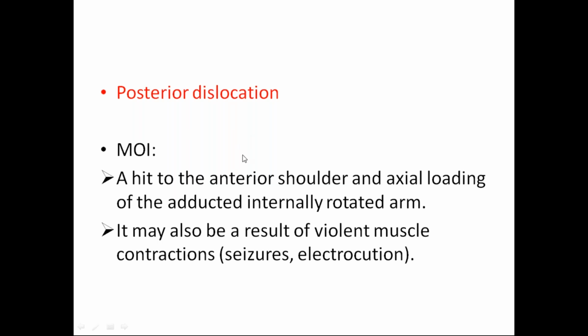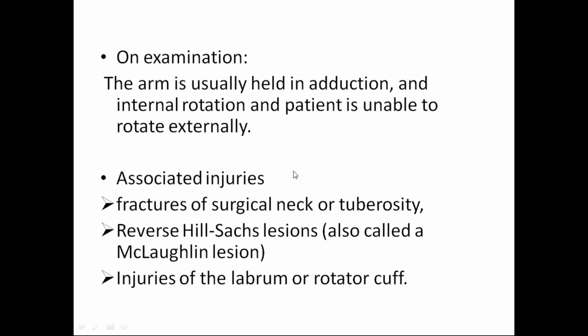Coming to the posterior dislocation, the mechanism of injury is a hit to the anterior shoulder and axial loading of the adducted, internally rotated arm. It may also be a result of violent muscle contraction that is seen in seizures and electrocution. On examination, the arm is usually held in adduction, internal rotation, and the patient is unable to rotate externally.